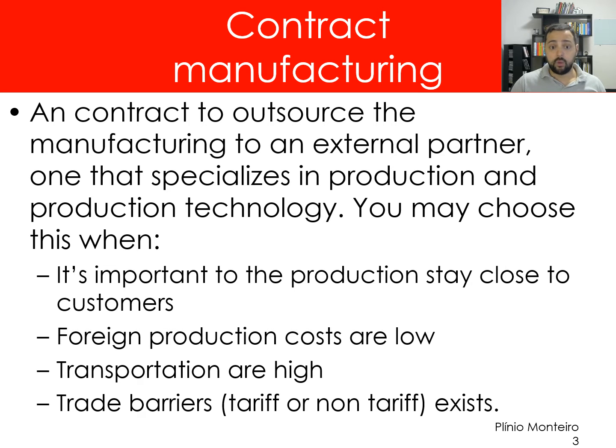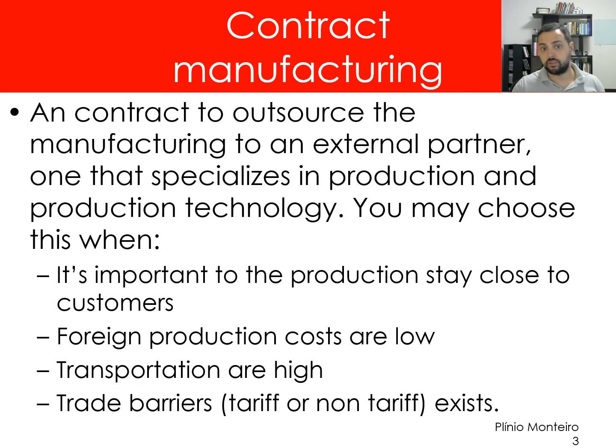Also, when you have very high transportation costs. Suppose that you're producing in China, but you're planning to sell to Brazil. Depending on your product, it could be very costly to transport the products from there to here. If this is true, then you can choose to have contract manufacturing with a business in Brazil to produce here.